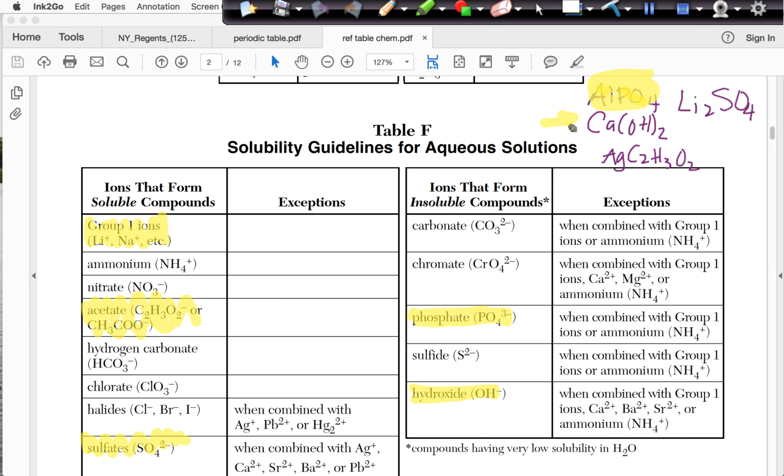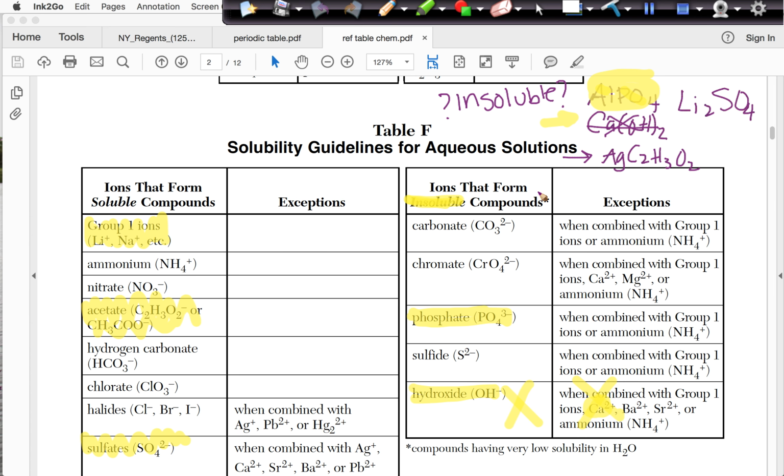If we look at calcium hydroxide, hydroxide is generally insoluble, but calcium is an exception. If you have both something from the first column and something from the second column, that negates the heading. That means that calcium hydroxide is soluble, and the question asked us which one is insoluble. So that can't be the answer.